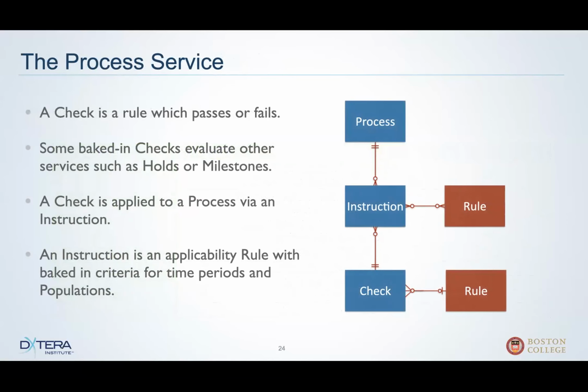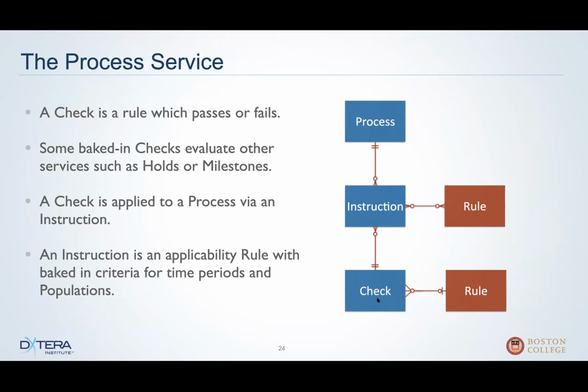So in something like course registration, I said that GS configuration is often used to configure rules. So if we were to come over to course registration or any of the other areas of the system where we want to check a bunch of things, we have another rule-based service called the process service.